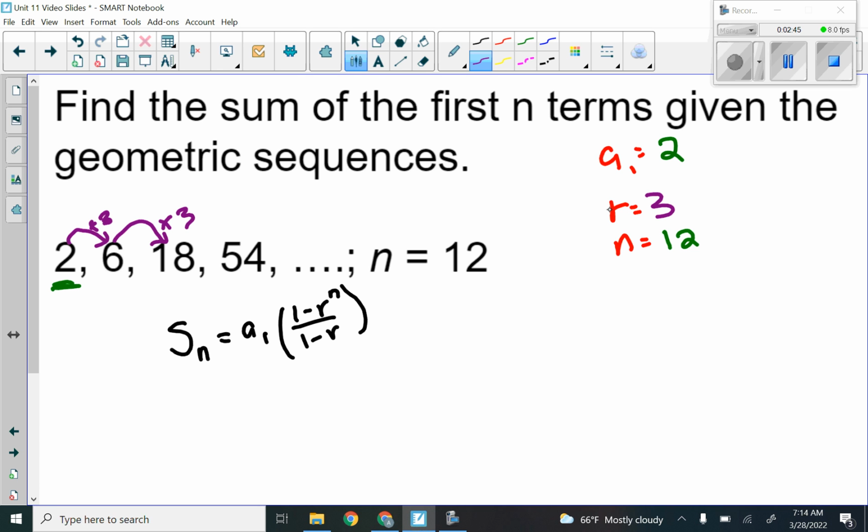Now we plug in our pieces of information. The sum of our first 12 terms equals 2 times 1 minus 3 to the 12th power over 1 minus 3.